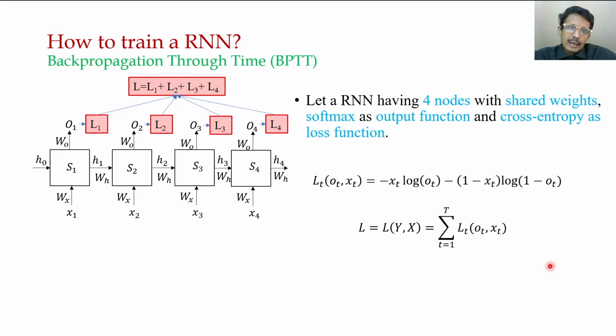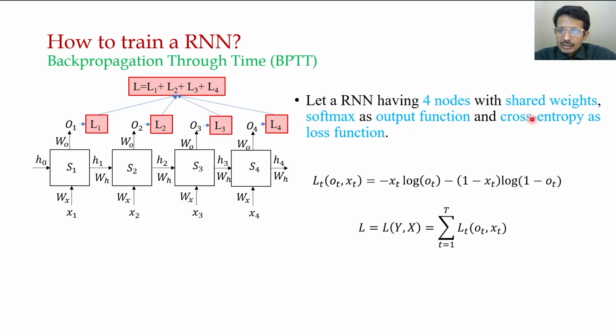As we can see here, in this RNN of 4 nodes, there is a loss at each time instance. At S1, L1 is the loss, at S2, L2 is the loss, at S3, L3, and at S4, L4 is the loss.